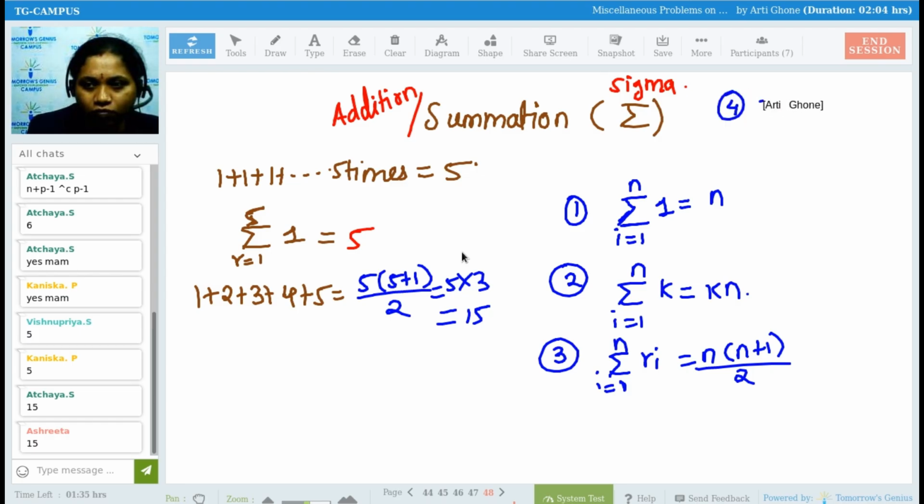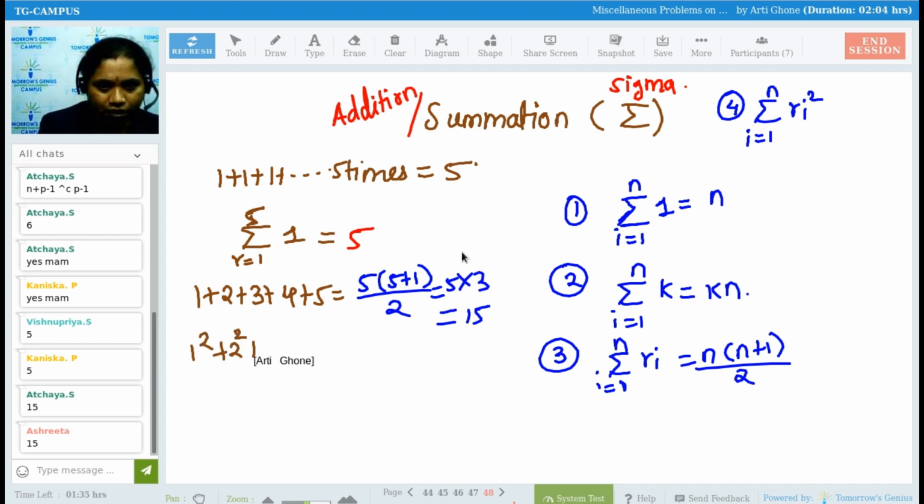Okay. Now the next one is the fourth formula. Write down summation of i running from 1 to n of r square. Like if I want to take the addition of 1 square plus 2 square plus 3 square plus 4 square, do it for 4. Do this addition.